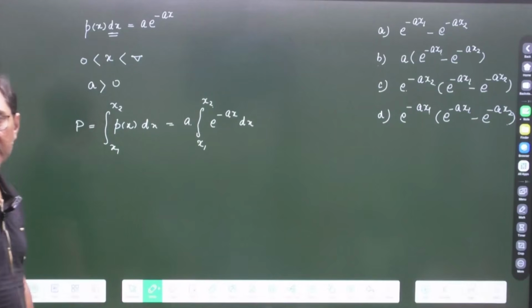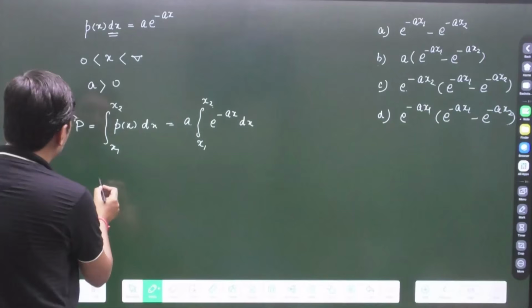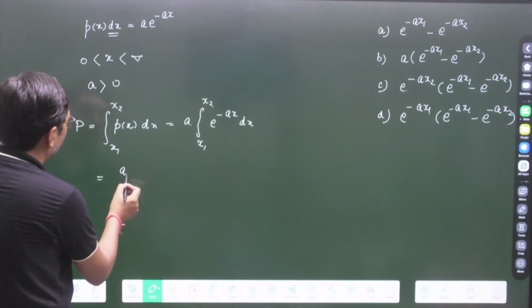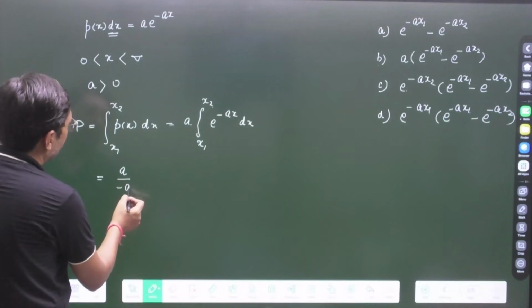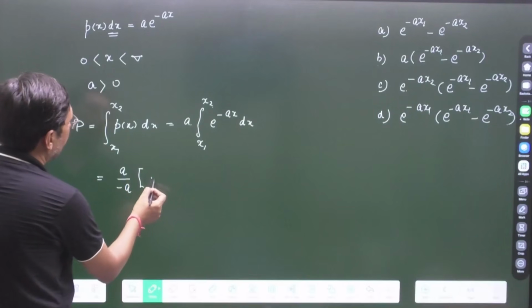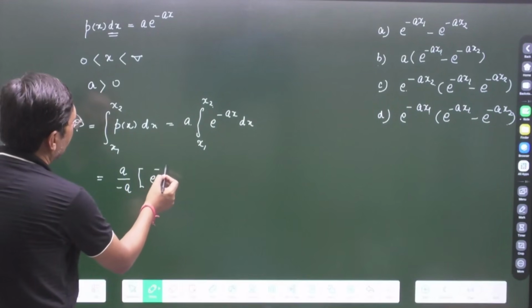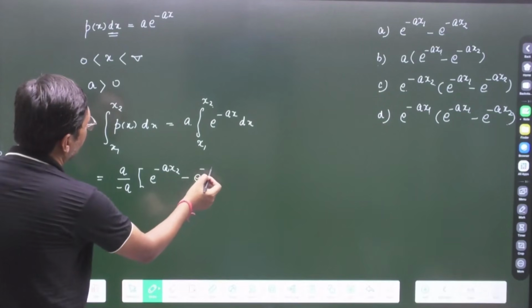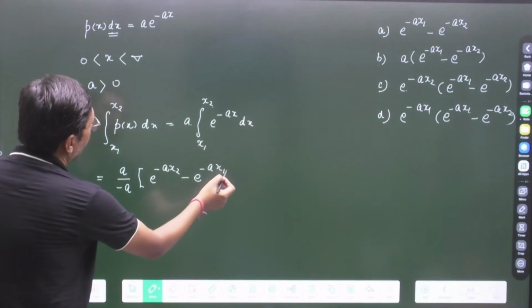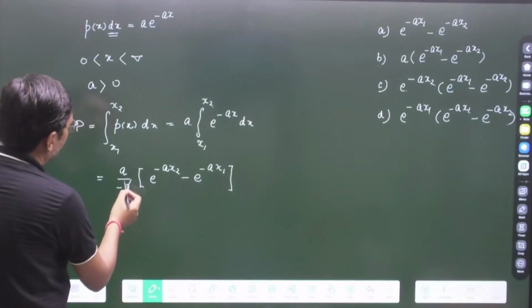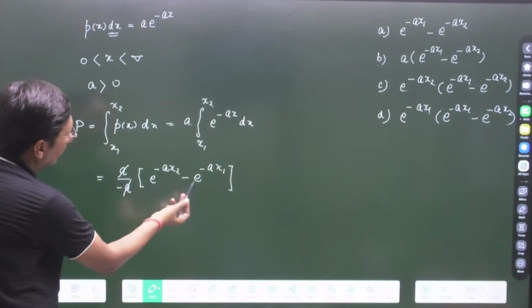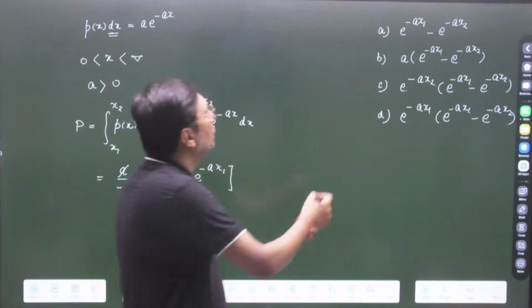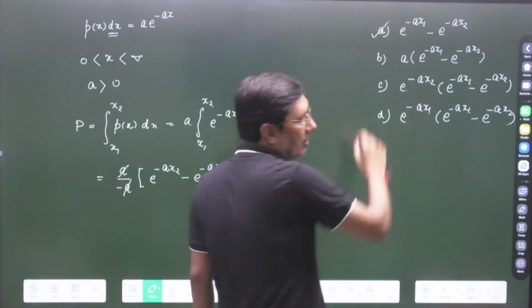Option A. Integrate this, what you are going to get? You will get a upon minus a, and here it will be e to the power minus a x2 minus e to the power minus a x1. So a is going to cancel out, and the minus sign will interchange these two. So option A will be the correct answer.